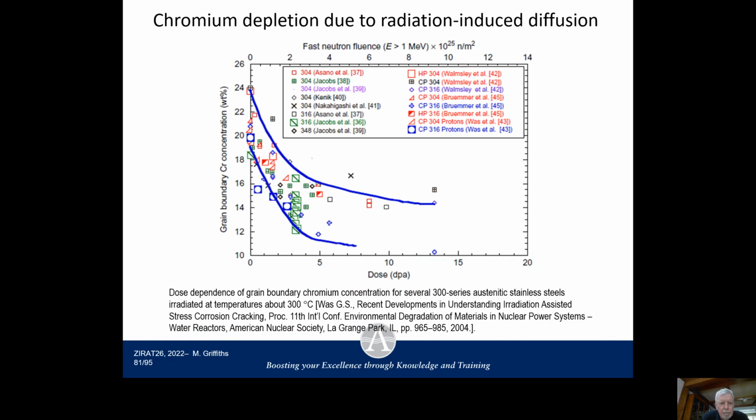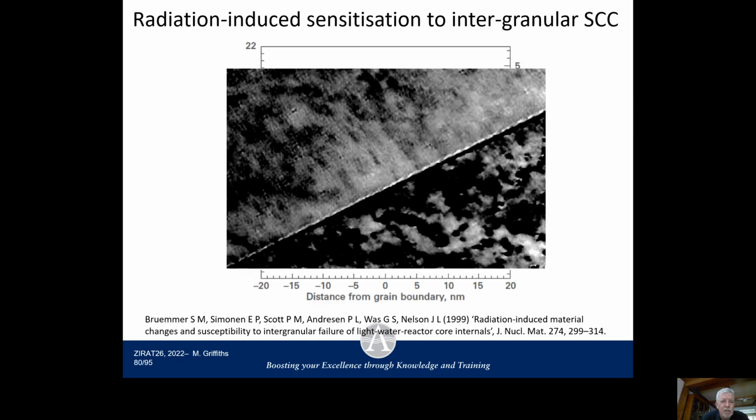In the same vein, there's quite a bit of good data showing chromium depletion on grain boundaries in steels as a function of dose. And in this particular case, this is a depletion which may be from that kind of thing.